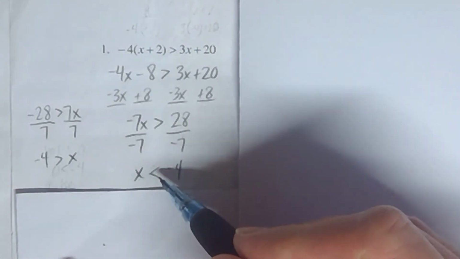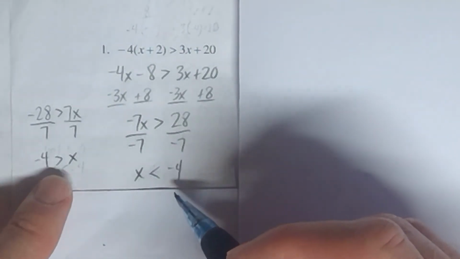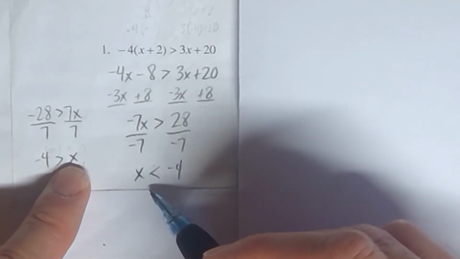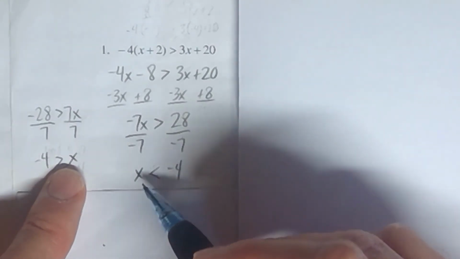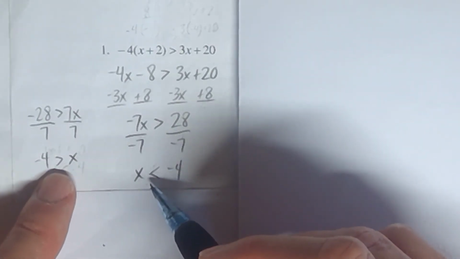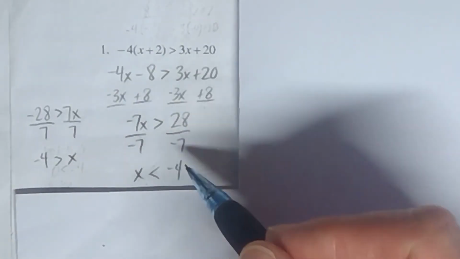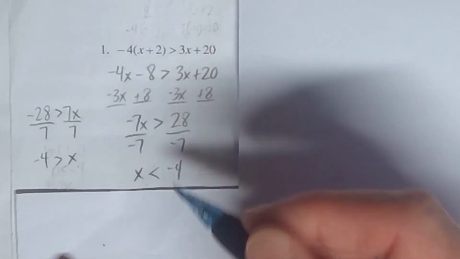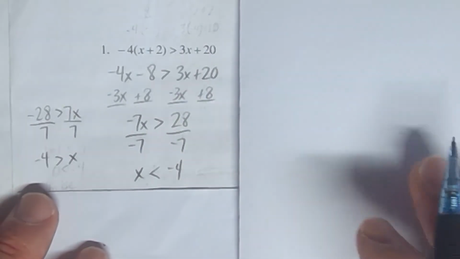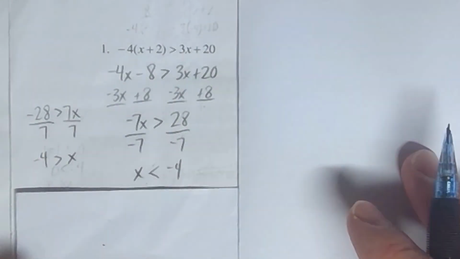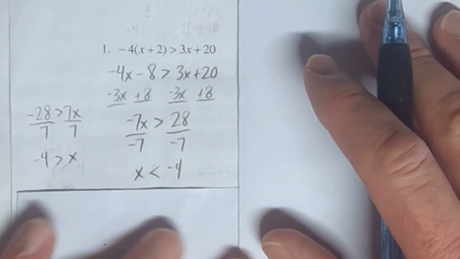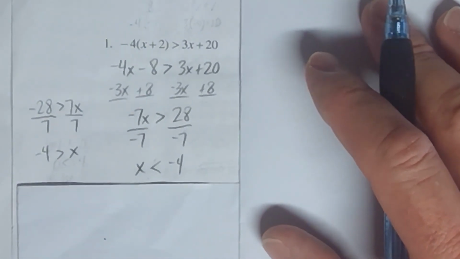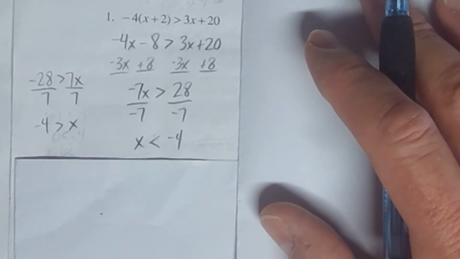As long as the alligator is eating the same thing, it doesn't matter that the x is on the opposite side on this answer as it is on this answer. In both cases, it's not eating the x, it's eating the -4. It's the same thing. Your graph on your number line will come out the same either way, and that's what's important. So let's see how that number line comes out.